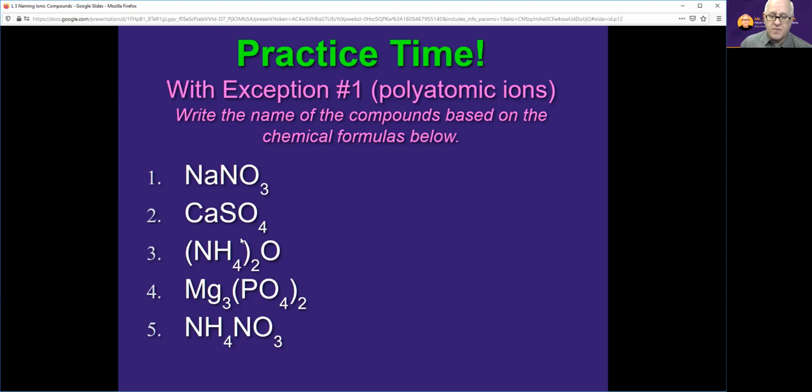NH4 in parentheses, that's a polyatomic ion. PO4 in parentheses, that's a polyatomic ion. Then this last one, number 5, these are 2 polyatomic ions, NH4 and NO3. So pause the video, take some time, go through those in your practice, and then we'll pick this right back up in just a couple of minutes.